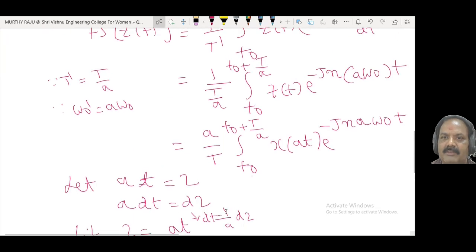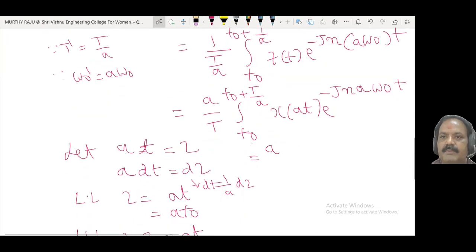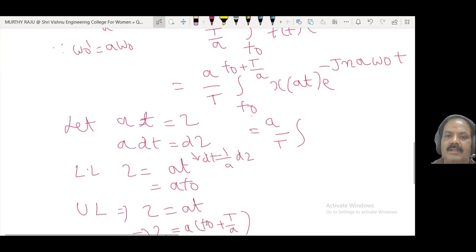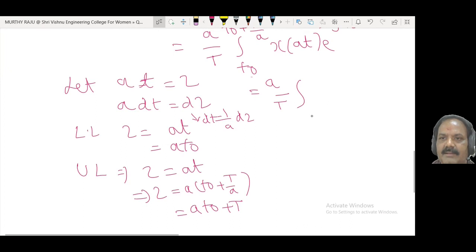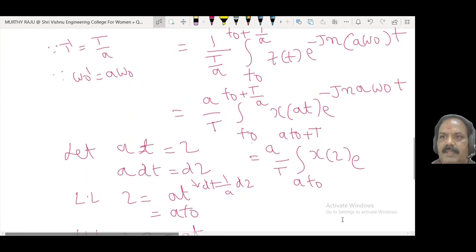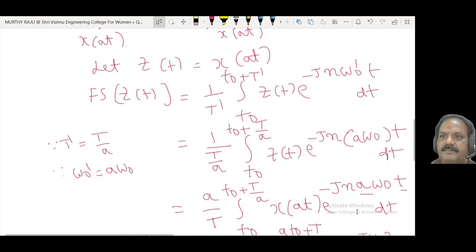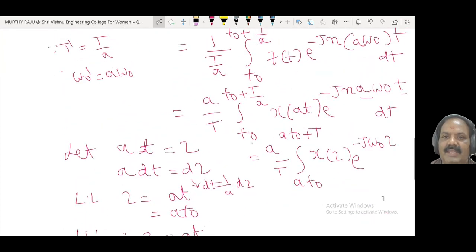Substitute all these in the above expression. That is equal to a by T, integral from a t naught to a t naught plus T of x of tau e power minus j n omega naught tau, where a t is tau, and dt is equal to 1 by a d tau.